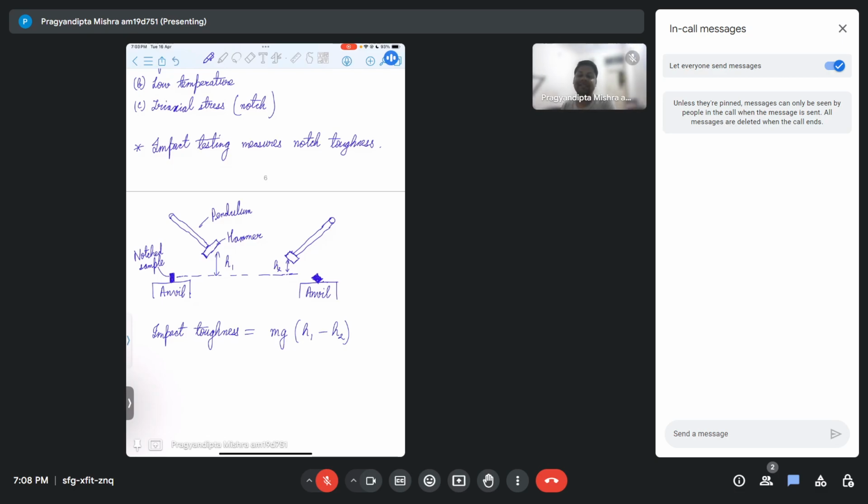What this suggests is that with a decrease in the temperature, there is a decrease in the impact energy. Also, below a particular temperature, the mode of fracture is brittle. So here it becomes brittle.